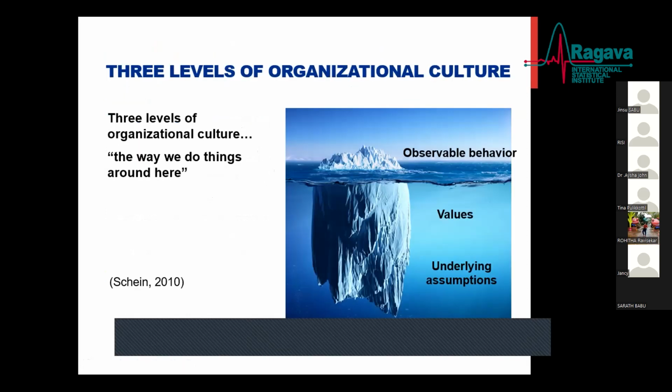Now, this is again Dr. Edgar Henry Schein's three levels of organizational culture, the way we do things around here. The first is observational behavior, which in books is called artifacts: the behavior that is seen and tangible. For instance, take organizations A and B. Maybe organization A is very casual in how they speak and dress.